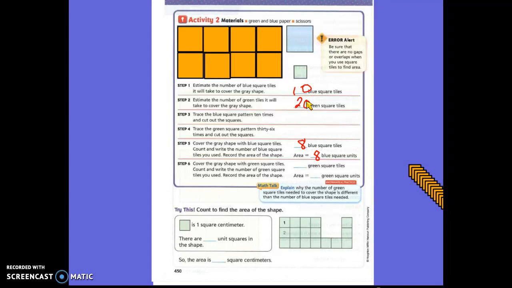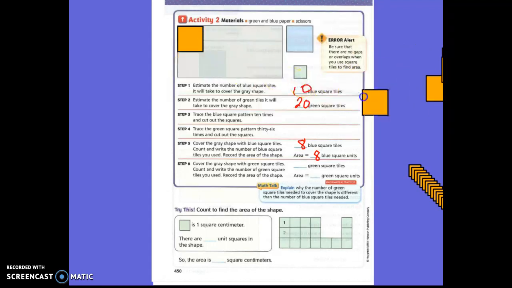Okay. So now we need to trace the green square. I already traced the green square tile, because we cut out the squares. They're already made squares for us for the small tiles. So now we're going to cover the gray shape with the green square tiles, which is just the small square tiles. Okay? See how many it will take.